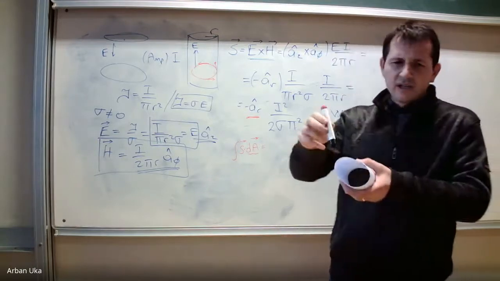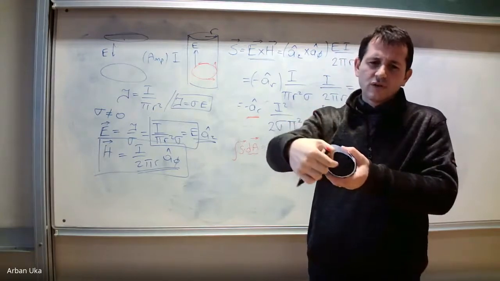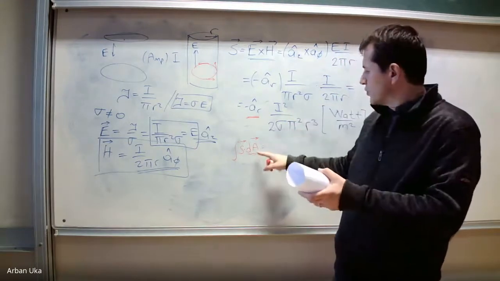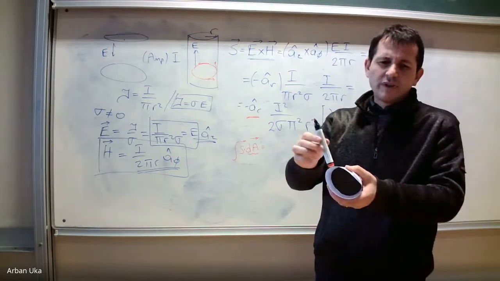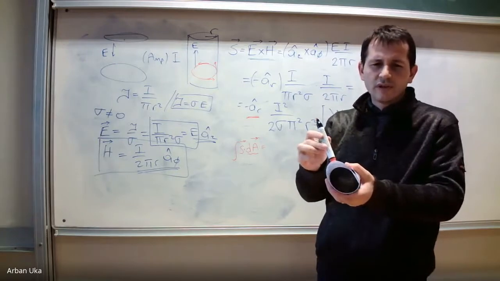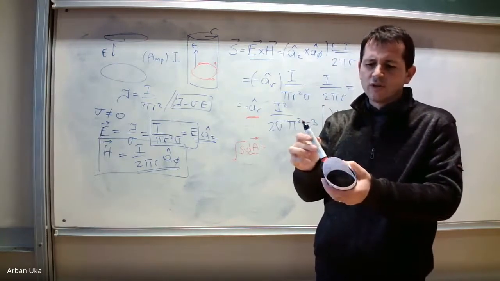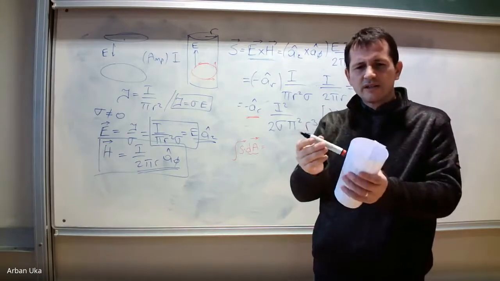So if the S is pointing into the object, to the center of the cylinder, what should the direction of the area be? It should be a vector which is perpendicular to the surface area, because we know in electromagnetic field theory, it's very essential for us to understand that a surface area is defined by a single vector.